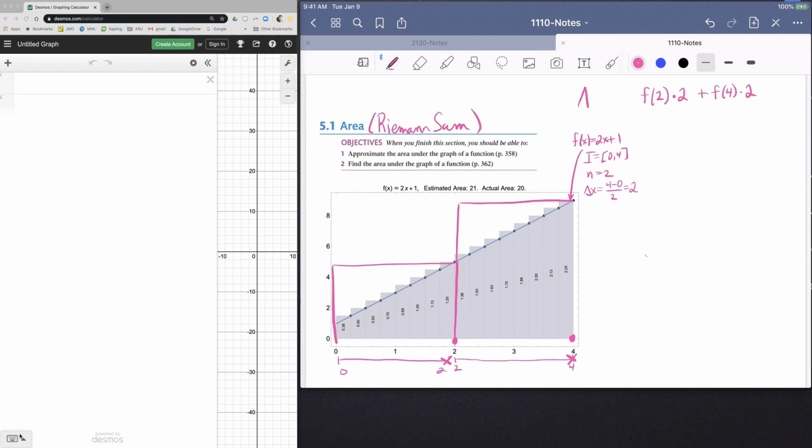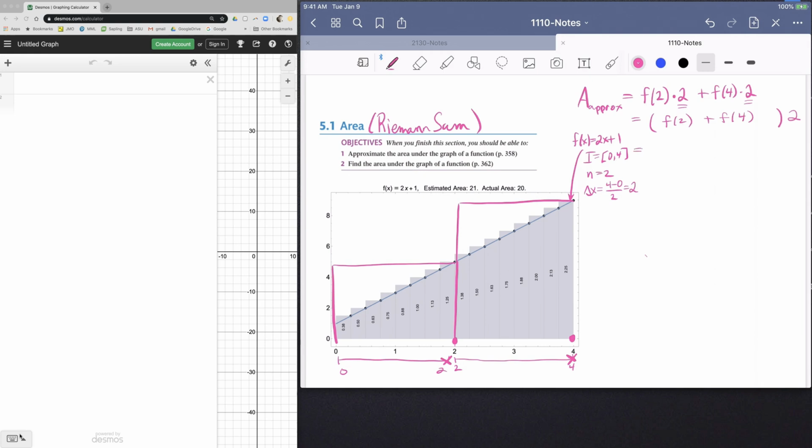And this will give us an approximate area under the curve. But since the width of the rectangle is 2 in both locations, we can factor out that 2, and then we just evaluate the function at 2 and the function at 4.